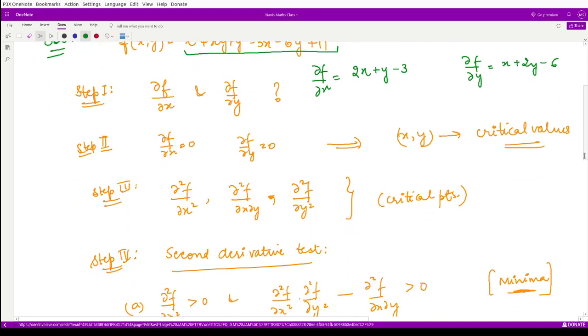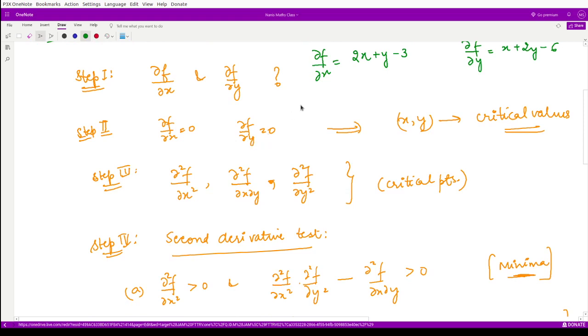In the second step, you are to substitute these values equal to 0. So you have 2x plus y minus 3 equal to 0, and x plus 2y minus 6 equal to 0. From these two, you are to calculate the values of x and y. So you have two equations in two variables.